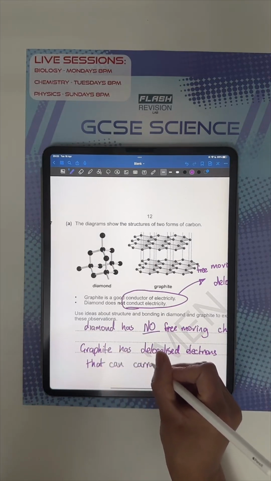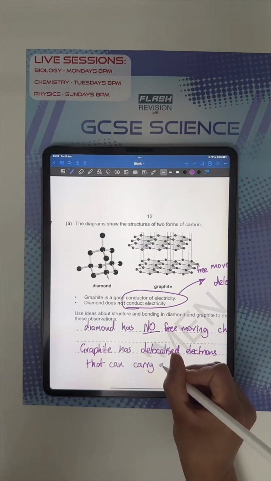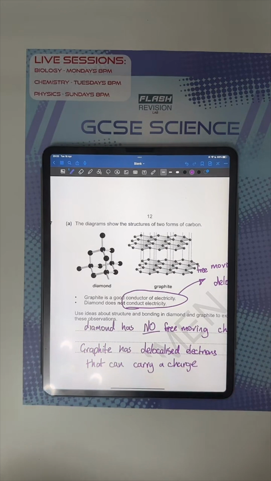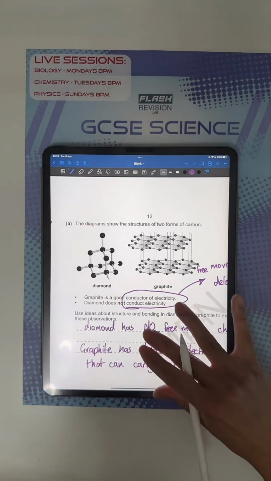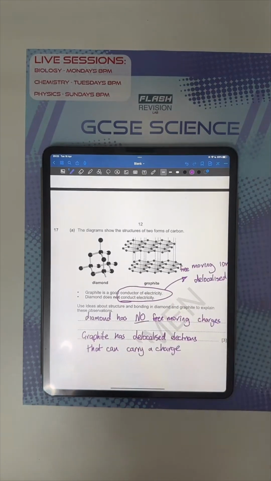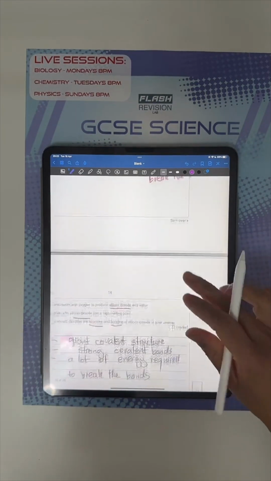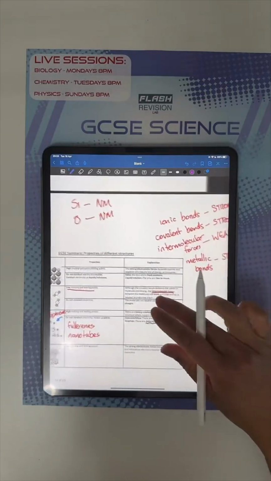So for it to conduct electricity, it needs to be able to carry a charge. So just to recap, if you get any question about conducting electricity, you have to talk about free moving ions or delocalized electrons. So let me add it to here.